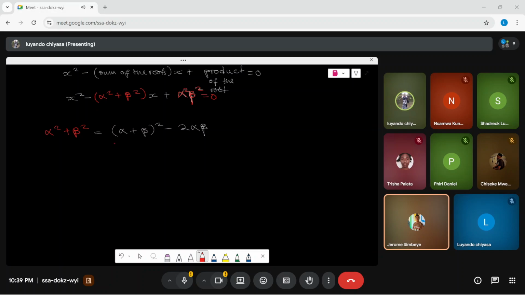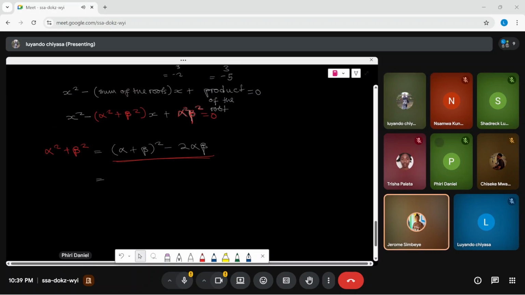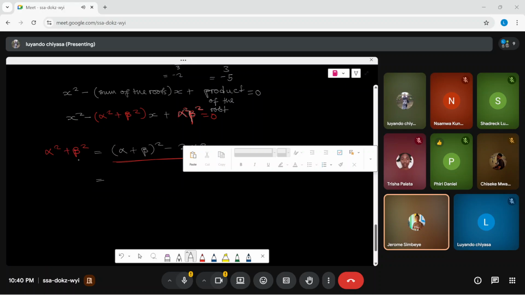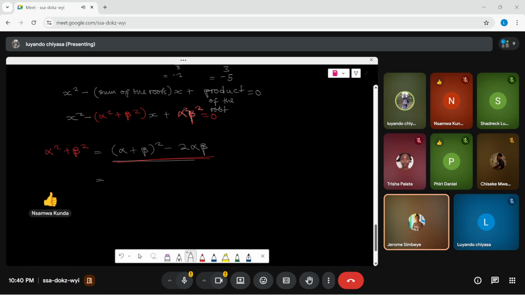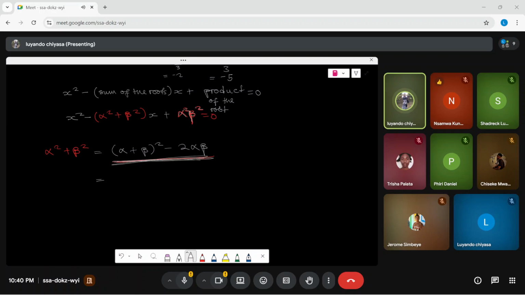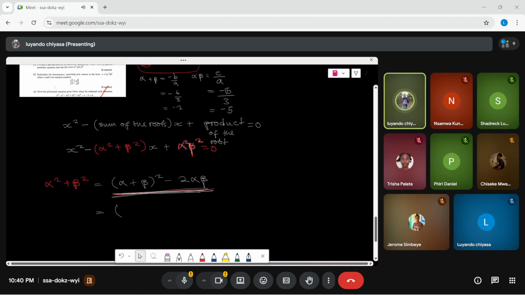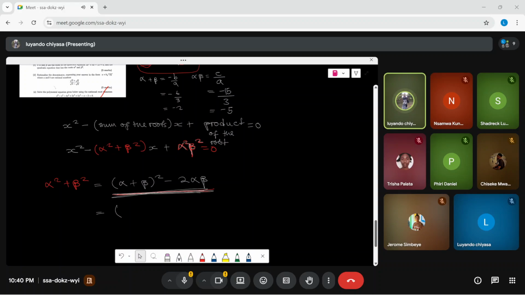Okay, so we all know where this is coming from. We're saying alpha squared plus beta squared is equal to this. This is an identity that you can just learn. If you've got time, you can learn how to derive it; it's very easy to derive. So with that, we just need to replace alpha plus beta, which we already found.